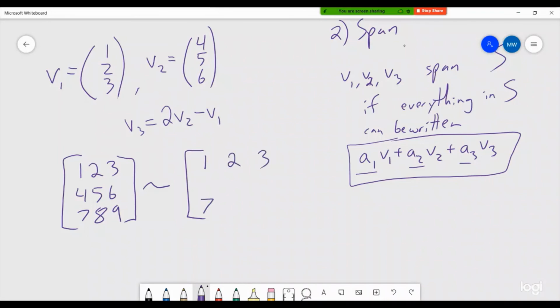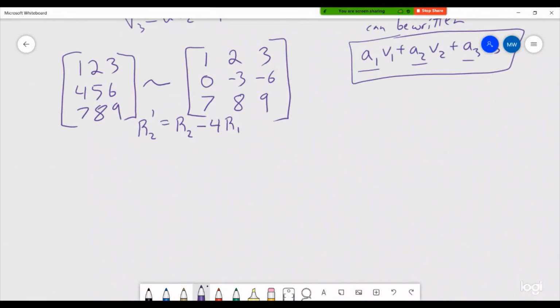Let's get the second row to have a 0 right here. Our new row 2 is equal to our old row 2 minus 4 of our row 1s. So that's going to be 0, 5 minus 8 is negative 3, 6 minus 12 is negative 6.